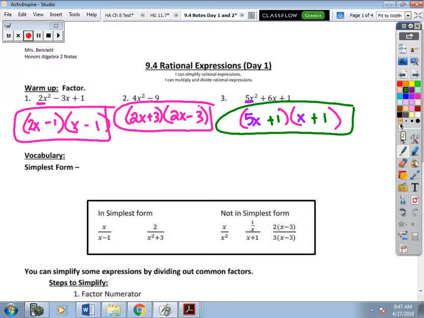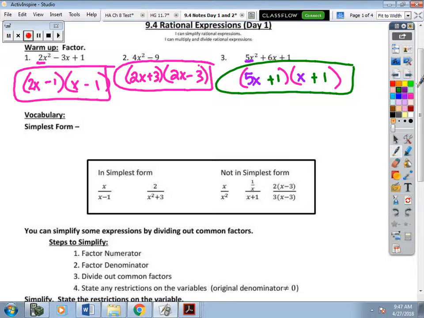All right, so what we're going to be doing today is just reviewing simplifying rational expressions, which is actually something we did do in Chapter 5, but I figured since it's been a while we would review.